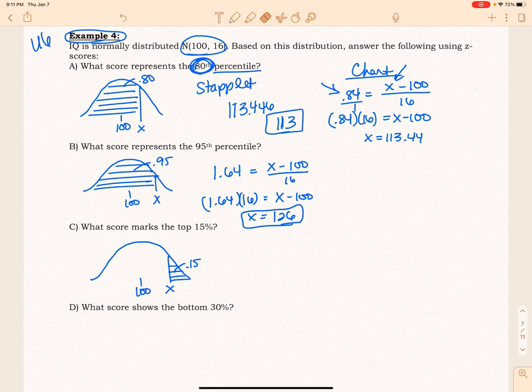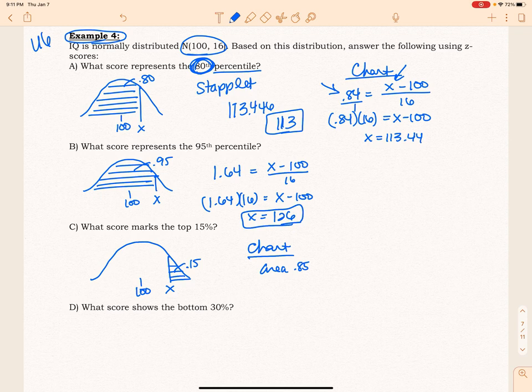So if you use your chart for this one, then you're going to want to look up an area, not a z-score. Well, you're going to look up an area to find your z-score. You're going to want the area for 0.85. Just be careful with that.